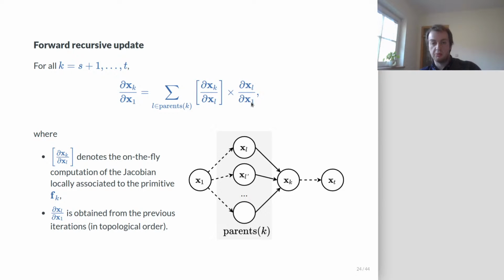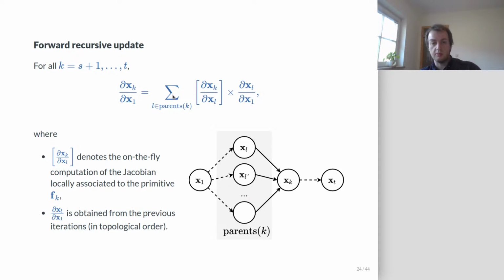Before, we had the same, except that we always had only a single parent. So xk depended on only one single previous variable. Now we generalize that to more than one argument, and so you need to generalize the chain rule in this way.